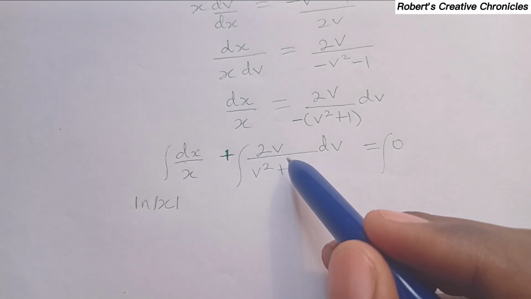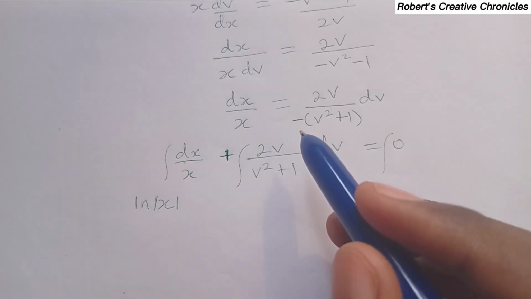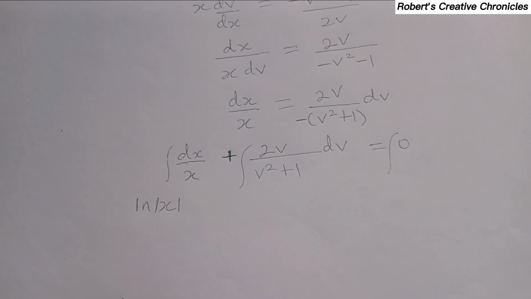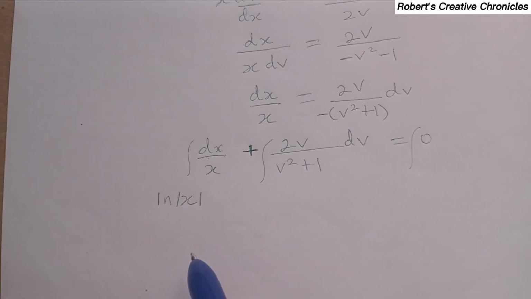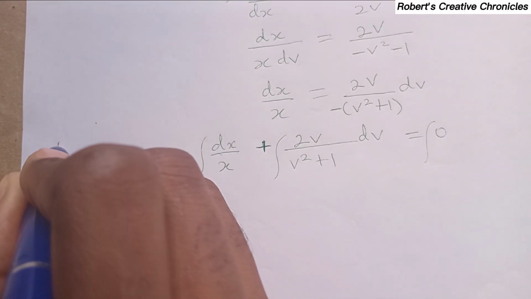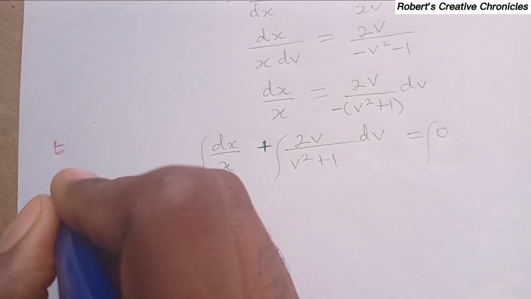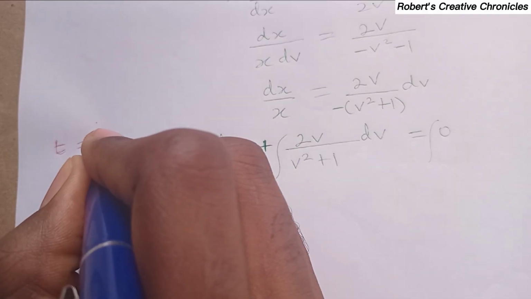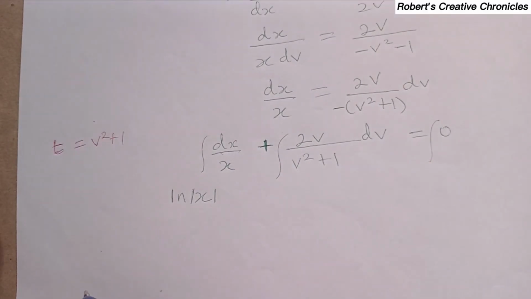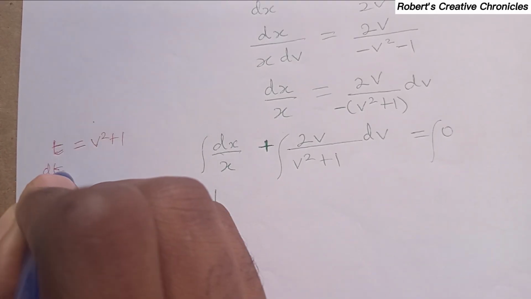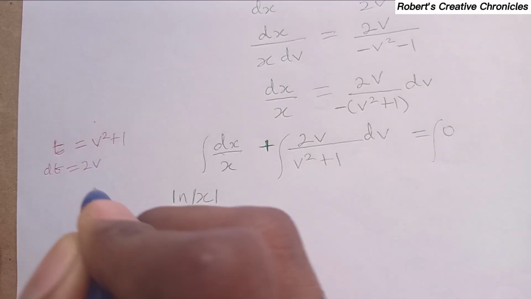To find the integral of v over v squared plus 1, we will have to use substitution method. So let's do it at this side. We will say t will be equal to v squared plus 1. Then the t is equal to 2v.